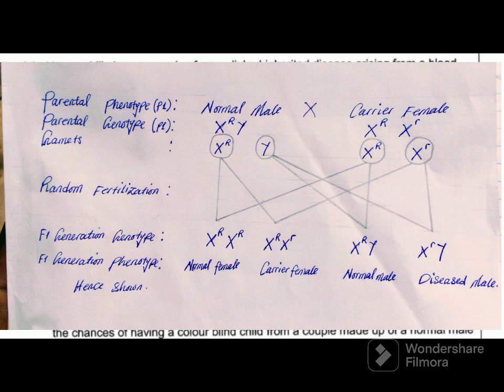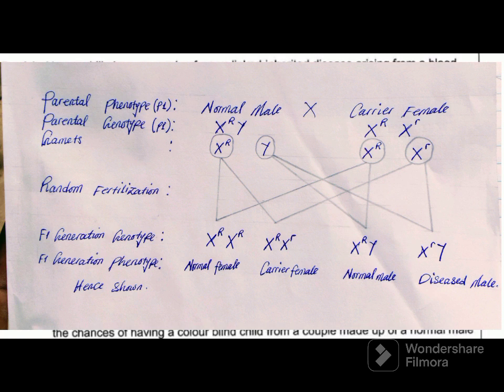On carrier female, you write X to the power capital letter R, another X to the power small letter r. On gametes, you just use a pencil and separate the two chromosomes. You write these two chromosomes separately, and you even circle them.